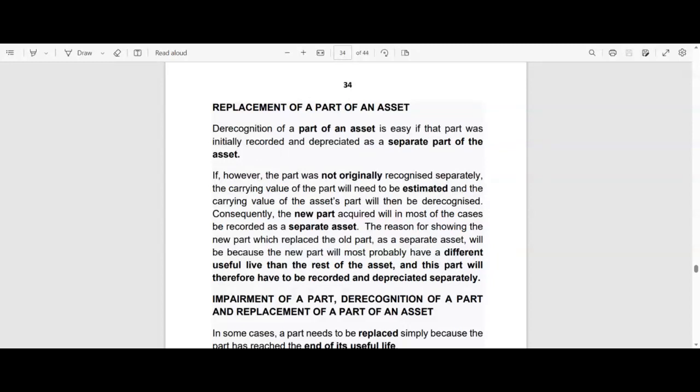Okay, let me maybe ask you now the question here. If you can type for me, I know we had a similar situation last week. Our fourth step, if we are replacing a part. Now remember, our third step was to de-recognize the old part. But if we are replacing a part, it means we are now going to buy a new part in that one's place. So what is going to be logically our fourth step?